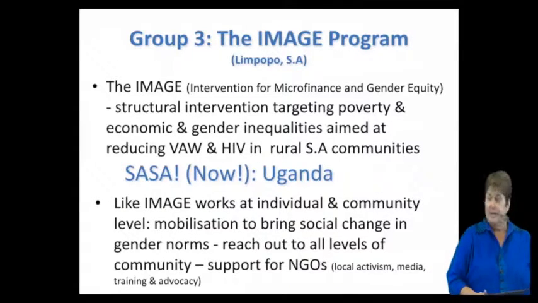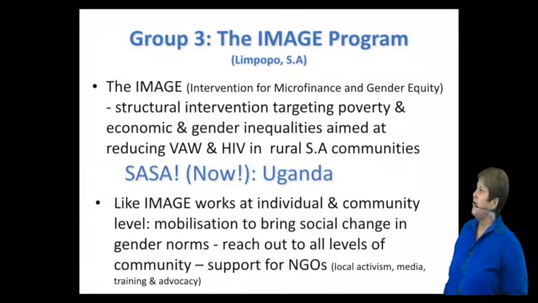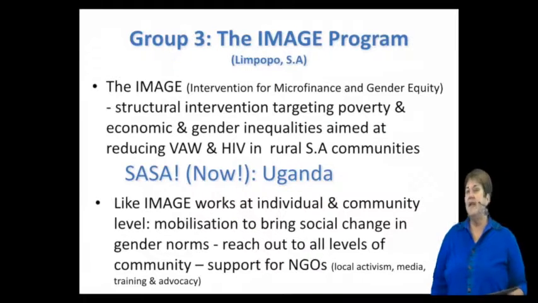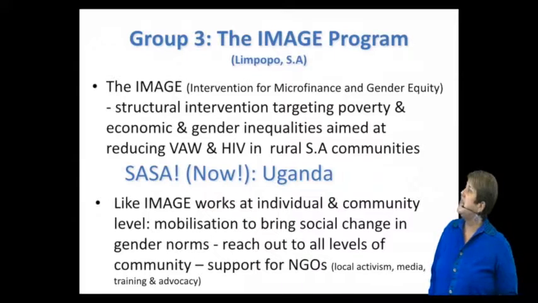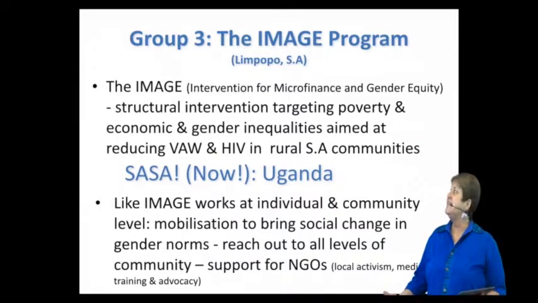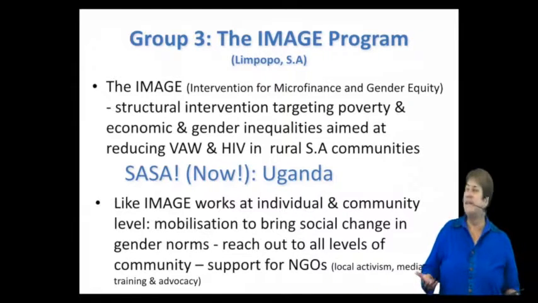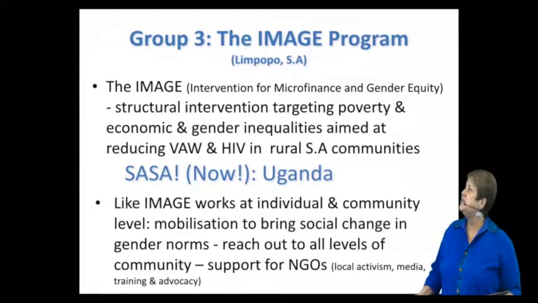The last one is the IMAGE program, which was tried out in Limpopo in South Africa. IMAGE stood for Intervention for Microfinance and Gender Equality, and this is based on an idea that has happened elsewhere. For example, in India, there's the Grameen Bank Initiative, or in Bangladesh, there's the Grameen Bank Initiative.